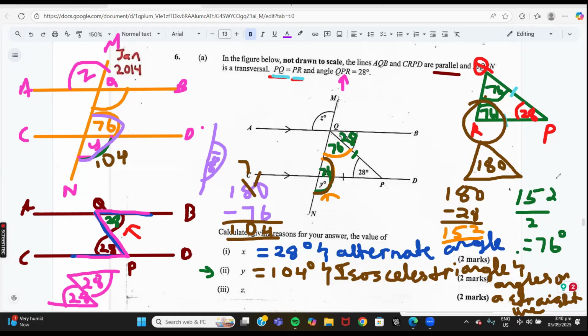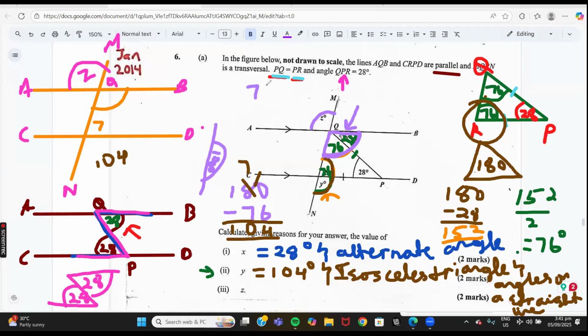So where is Z? Z is over here, right? For those of you who don't understand how to figure out Z, we can use vertically opposite angles, because this angle over here is vertically opposite to Z. So all we have to do is add these two angles that make up the angle below there, and then Z will be the same thing.